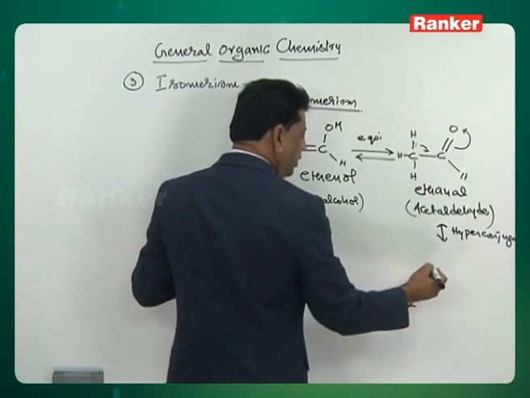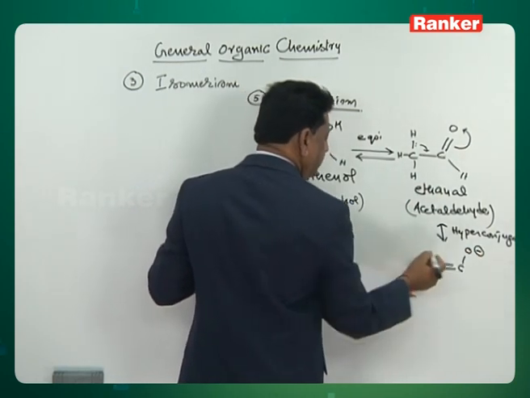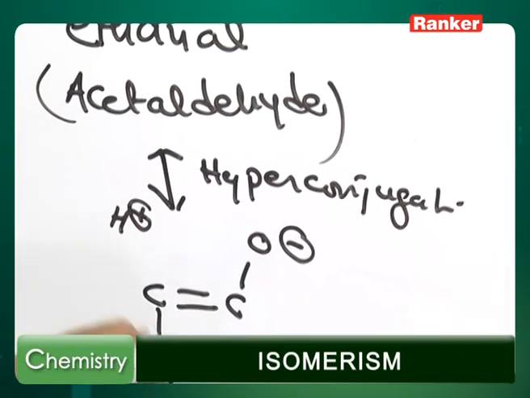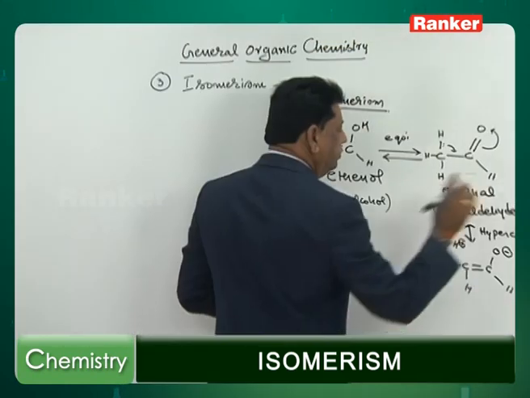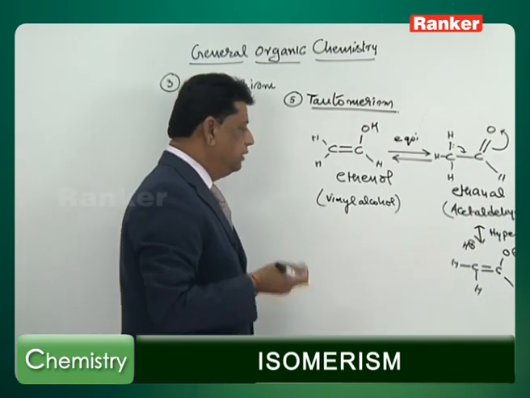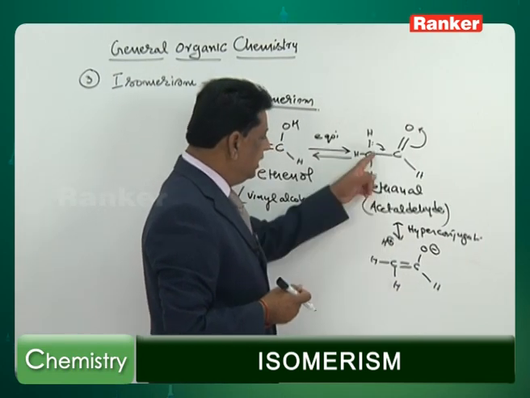Consequently, the double bond is polarized that side, a double bond is formed, O will become minus charge, and hydrogen is cut and shown as H plus, right? This phenomenon between these two is called hyperconjugation. However, we have not studied it so far. We will take this in the coming sessions.